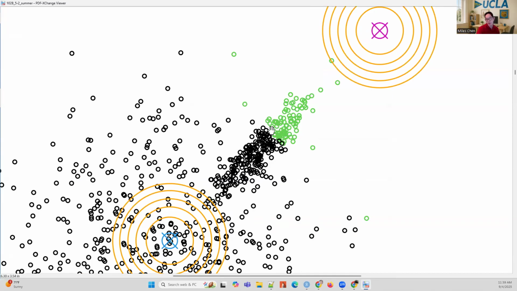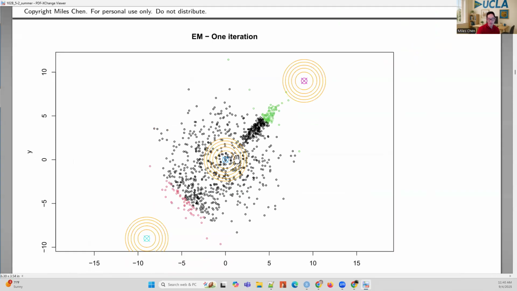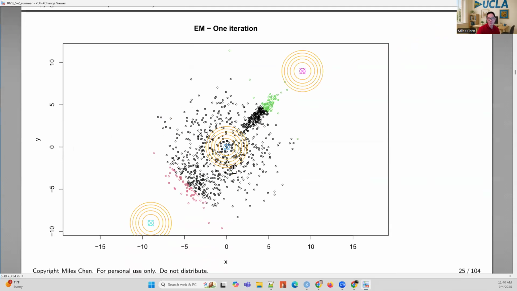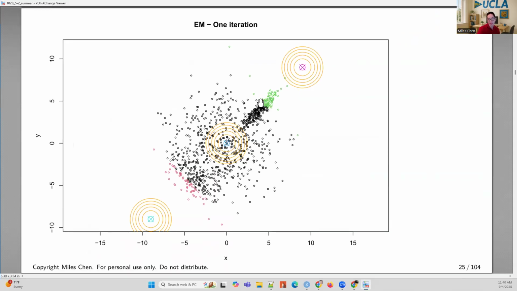And these points that are green over here are probably 49% cluster 1 and 51% cluster 2 in green. Okay. And as far as coloring the points go, R can only color it one color, so it ends up looking like this.